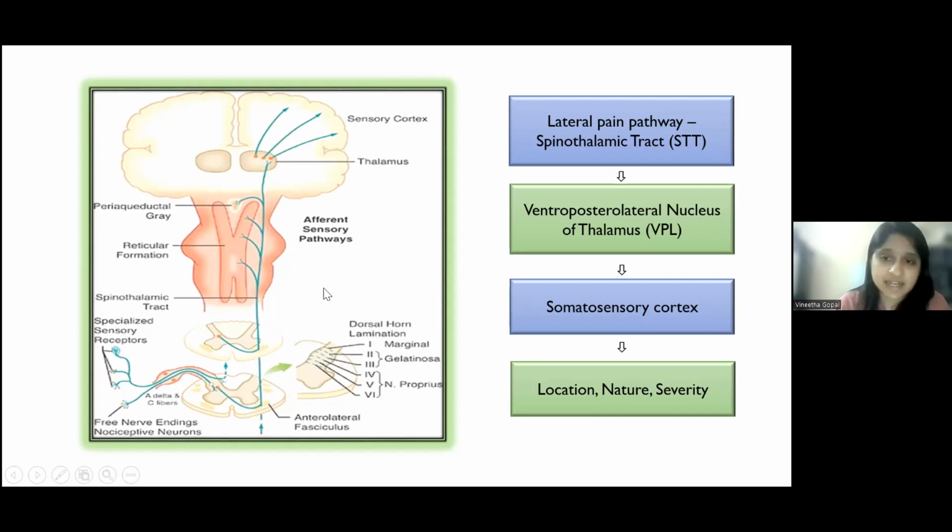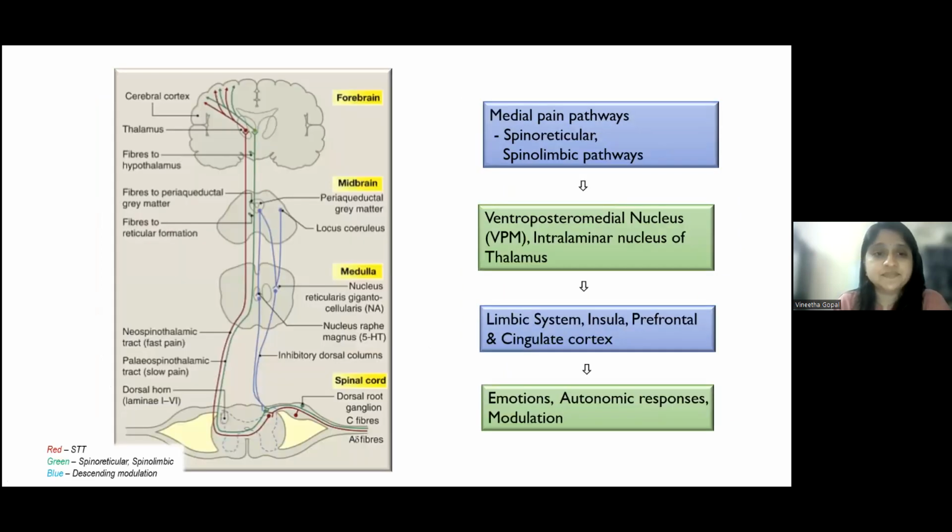This is the spinothalamic tract. Are there any other ascending tracts for pain? Yes, there are. The spinothalamic tract deals with the sensory discriminatory component, that is the severity of pain and the location of pain. All this we perceive with the help of the spinothalamic tract.